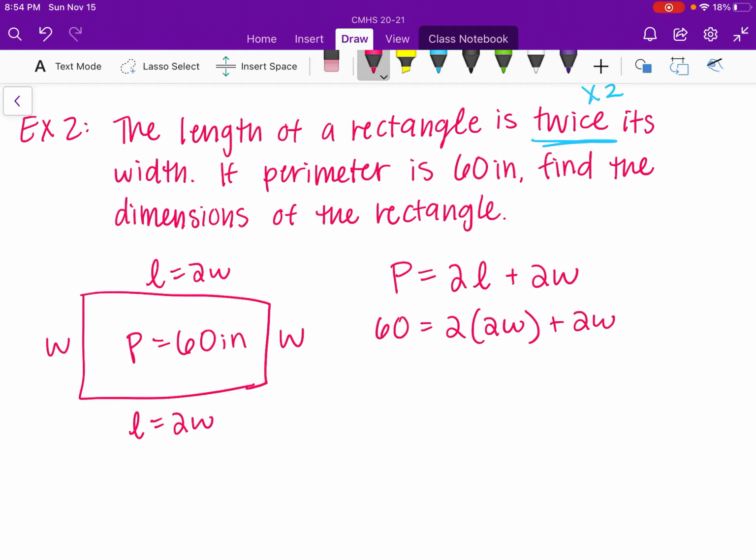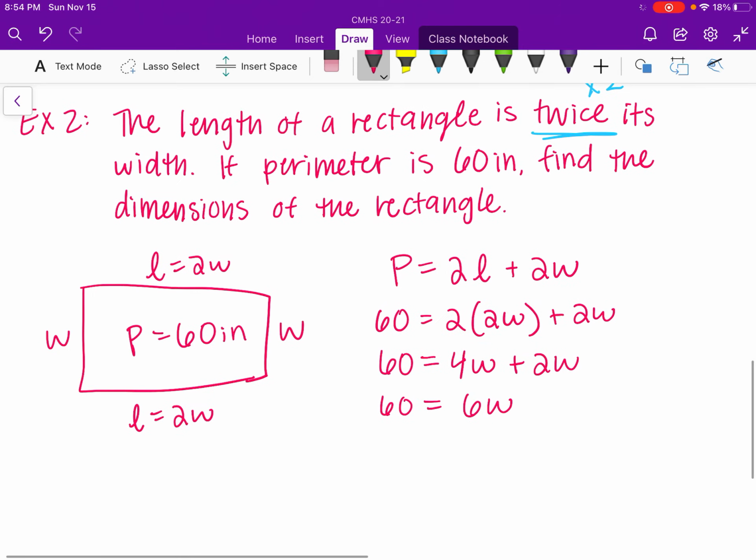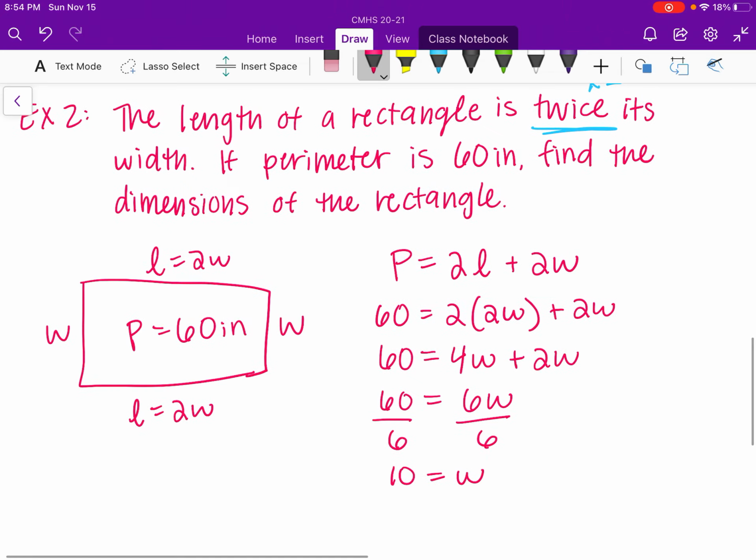And then just plus 2W again, because W is just W. And now we get to solve for W. So 2 times 2 is 4. Then we combine together. 4W plus 2W is 6W. Divide by 6, divide by 6, and W equals 10.